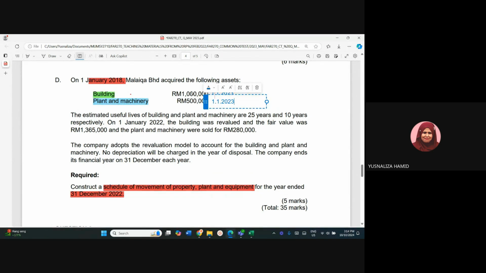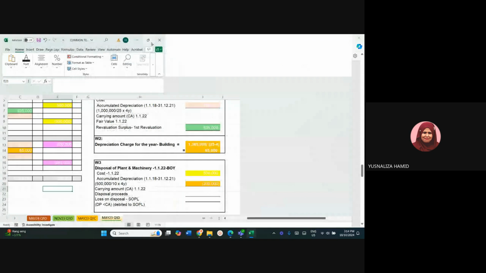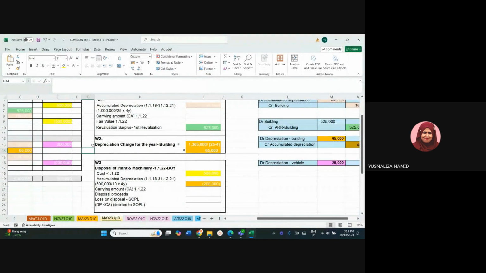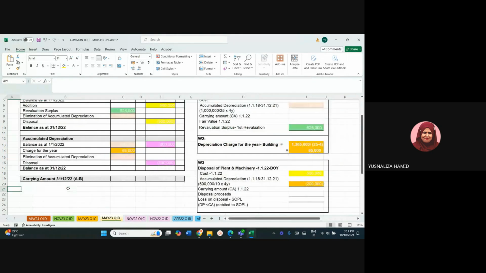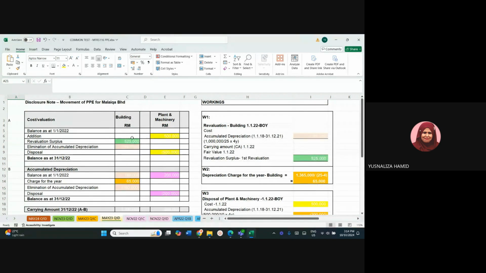You will take these 2 figures and put them into your template, which is the disclosure notes here. First you put the figure for building, right? This one, building. Second, you put the figure for machinery.